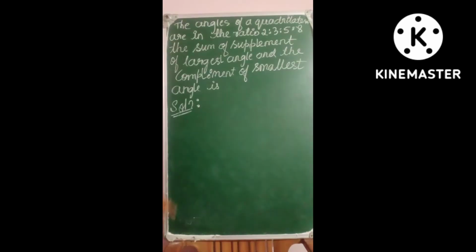Okay, the angles of a quadrilateral are in the ratio 2:3:5:8. Then the sum of the supplement of the largest angle and the complement of the smallest angle is. Okay, you are given a quadrilateral, and its ratio is in the form 2:3:5:8.